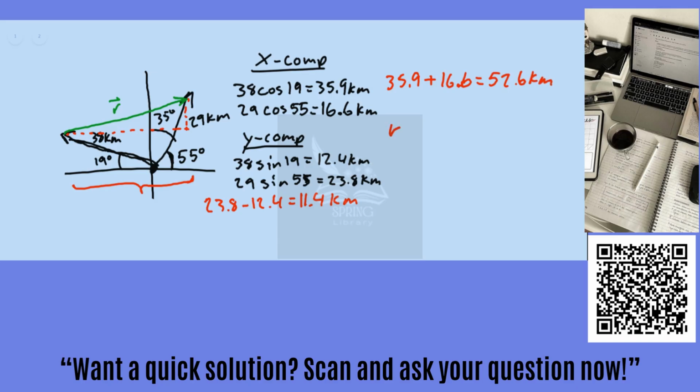We can find the magnitude of R using the Pythagorean theorem. That is going to give us 53.8 kilometers, and then find the direction of it.